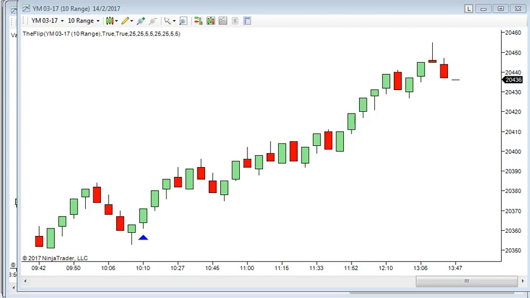I look at 8 range and 987 tick charts. I look on all the commodities that I watch as well. E-minis, I look at 3 range. I look at 10 range, depending on how fast the market's moving. If it's moving fast, I'll stick to a 10 range. If it's moving slow, I'll go with a shorter duration.